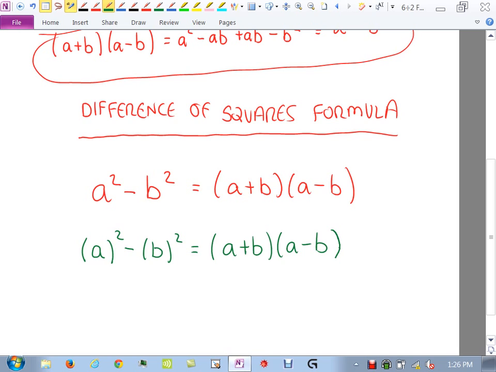It's the same thing, though. So I'll probably refer to this. All right, let's see how this works. You'll be allowed to have that formula on the test, on your cheat sheet. That's okay.